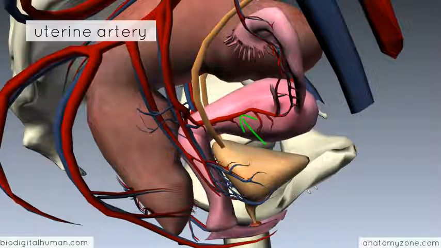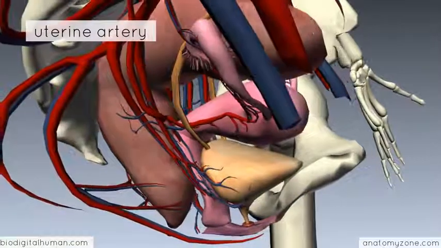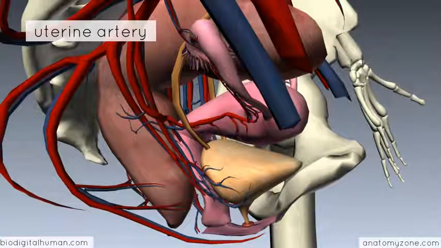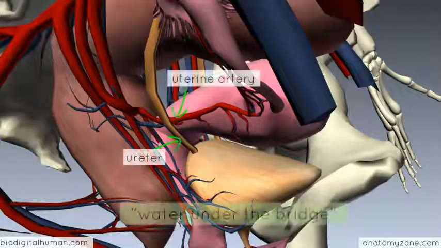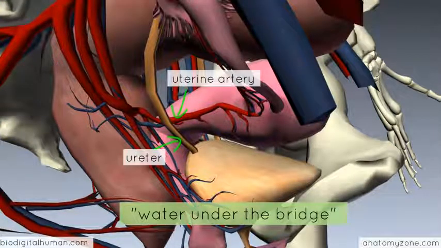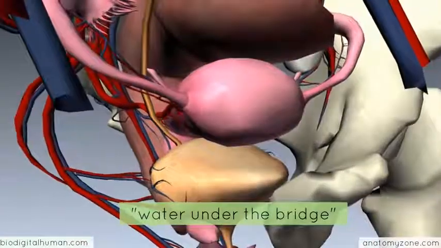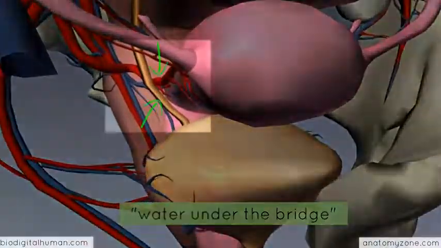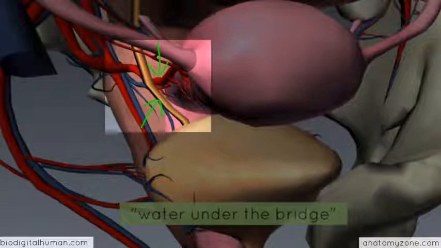This artery runs in the base of the broad ligament. And if you remember, I mentioned before that the uterine artery crosses above the ureter. Remember that mnemonic, water under the bridge, to remember this anatomical relationship. You can see the ureter is running underneath the uterine artery to enter posteriorly into the bladder.